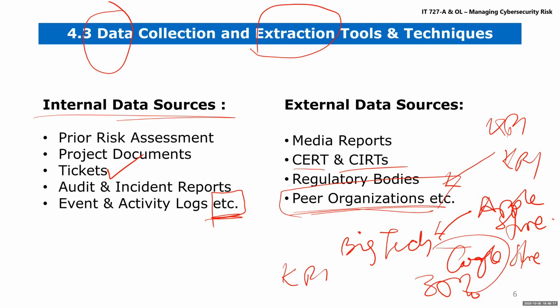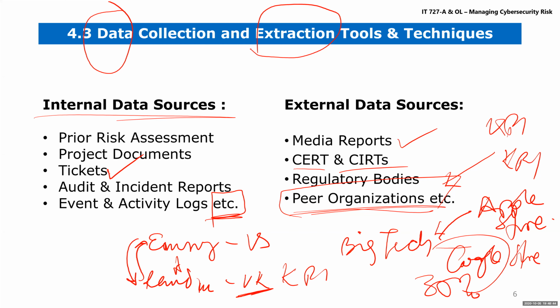Now, when you look at other sources like media reports, for example, maybe the health sector might say, you know what, we have Emory in Atlanta, and then maybe there's another random hospital, let's just call it a random place in the UK, right? And over here in the US, their entire business model, how we do things, is similar, literally copy and paste, right? But then these guys just got hit by this crazy ransomware, and it took them down, God forbid.